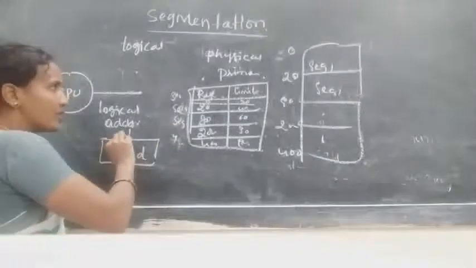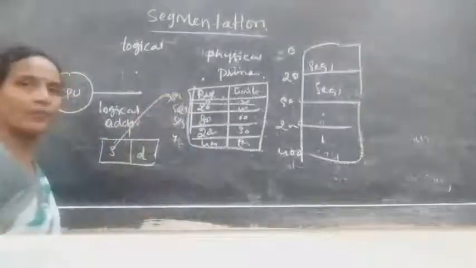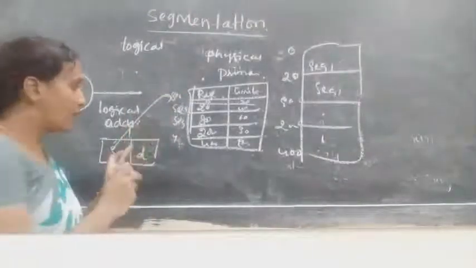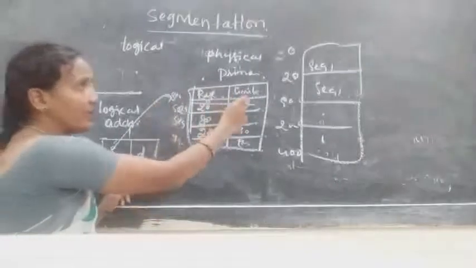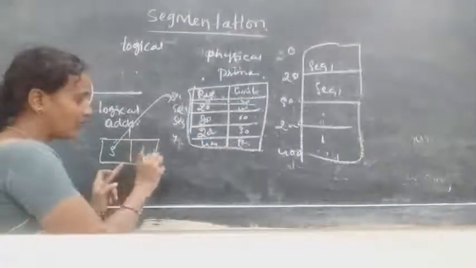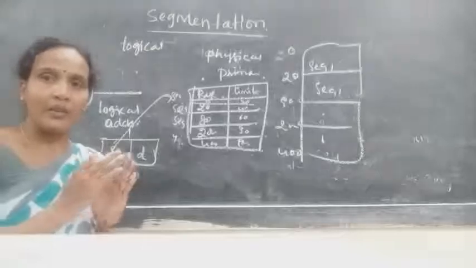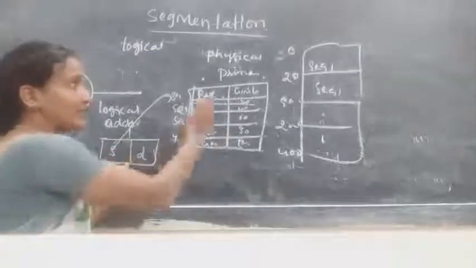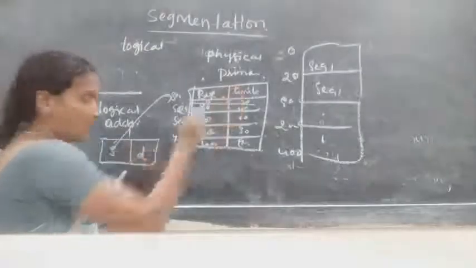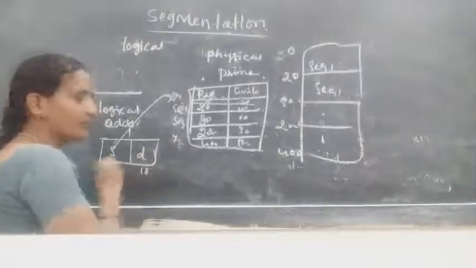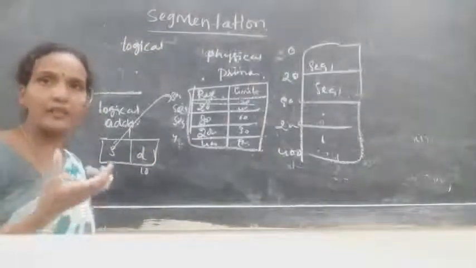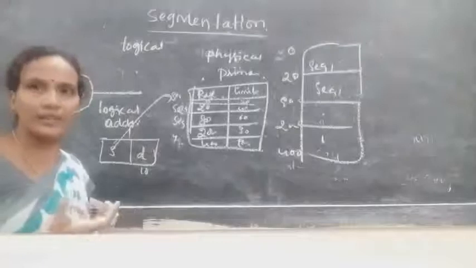So it will search for the segment. Now what is the limit here? Example 20. Whatever offset is there is compared with the limit. For example, here D is 10, meaning from that segment the CPU wants to read only 10 bytes.